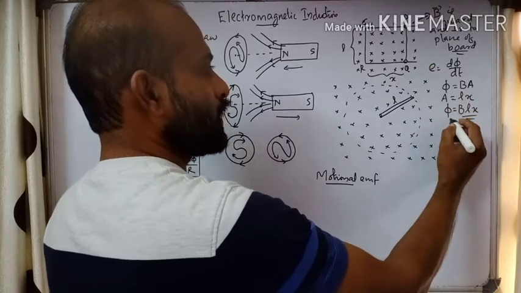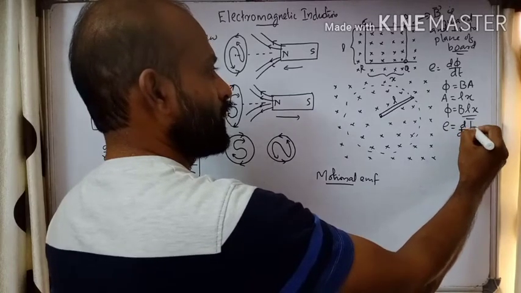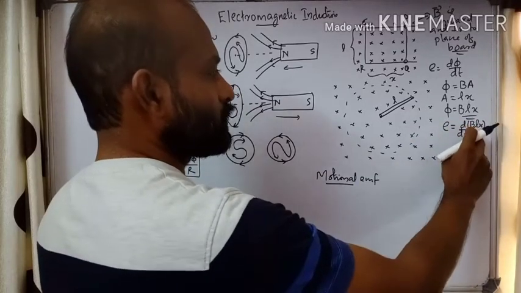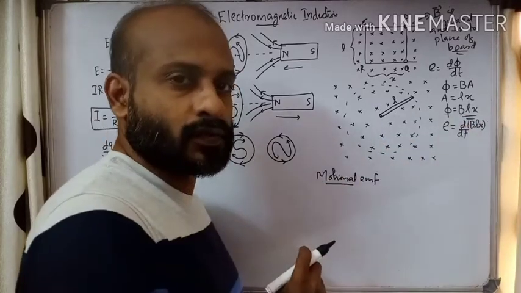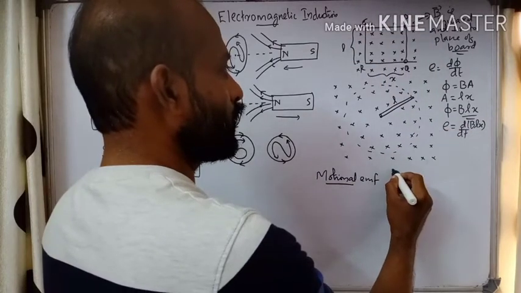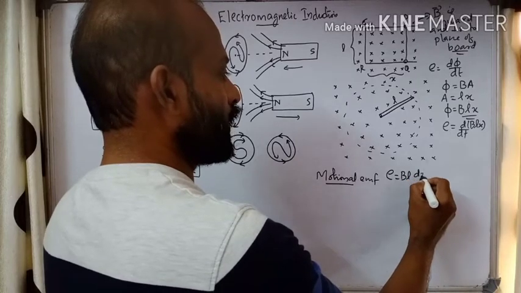So what is the induced EMF? Induced EMF is equal to d by dt of B into L into x. Now in this, B and L are constant values. The length of the conductor and the magnetic field are constant, so we can take them outside. So the induced EMF is equal to B L into dx by dt.